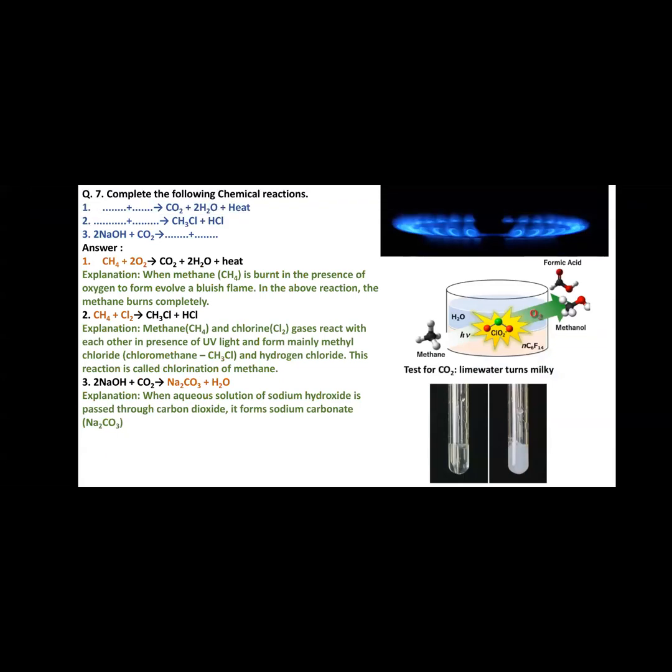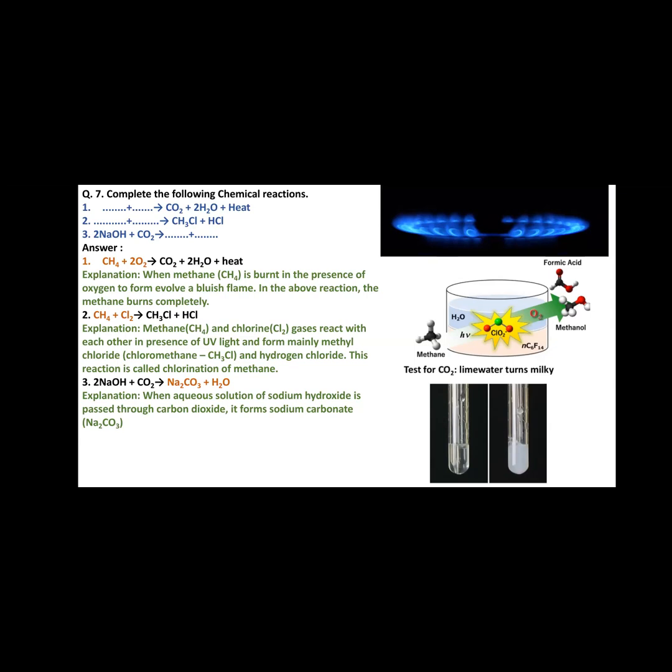Next one, complete the following chemical reactions. Now some chemical reactions are given, but some blanks are given. So we have to complete those chemical reactions. The first one has two blanks, meaning the first two blanks are for reactants, and after the reaction the products form and the products are given.